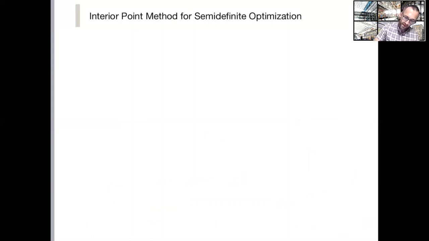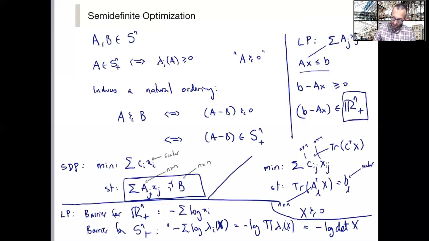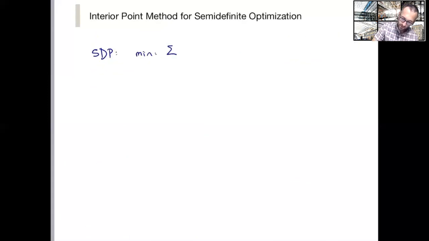So writing this down again, I squeezed everything on the previous page for no reason. We would define, let me write down the SDP. Minimize sum of c_i x_i subject to, I'll write it in this way, B minus sum of A_i x_i positive semi-definite.